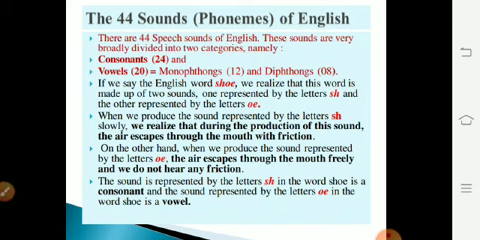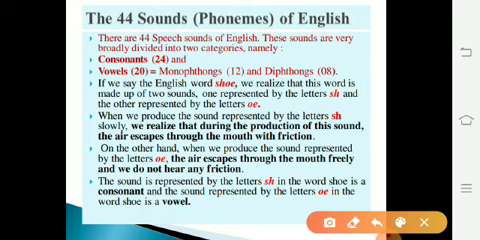Now we are going to learn about the 44 sounds, or phonemes, of English. There are 44 speech sounds of English. When we talk about phonetics, what are we going to learn? We are going to learn the 44 speech sounds of English, or Standard English, or RP.